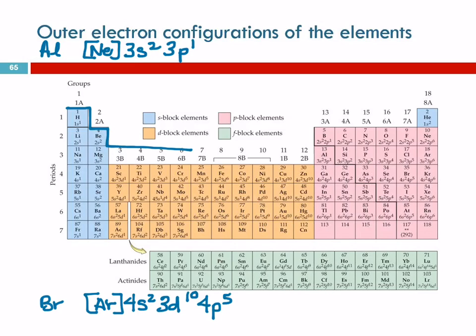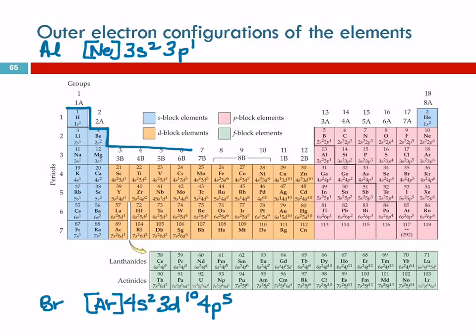Yes? So for aluminum, you have it as neon and then 3s2 and 3p3. Would you be able to translate that over to lithium, but still in the same brackets, or does that not work? Do you mean you put neon in brackets and then lithium? Could I put neon in brackets and write the electron configuration for lithium? No, I couldn't, because lithium is smaller than neon. So I'd have to be subtracting. We could use helium, though. It's not going to save us much, but we could do it.